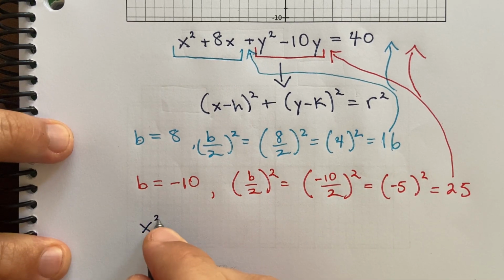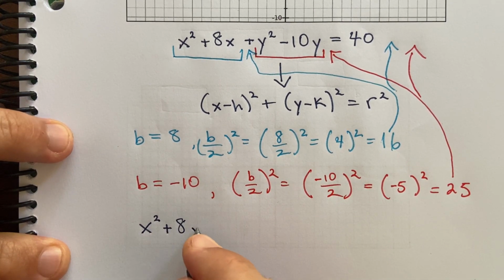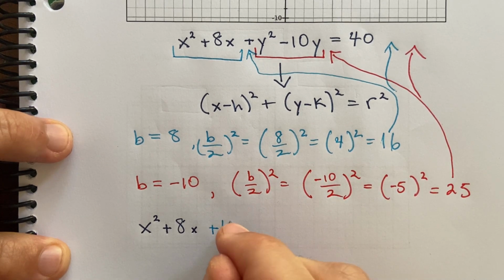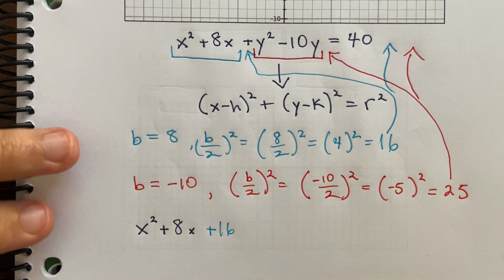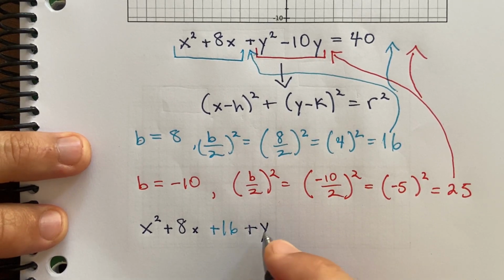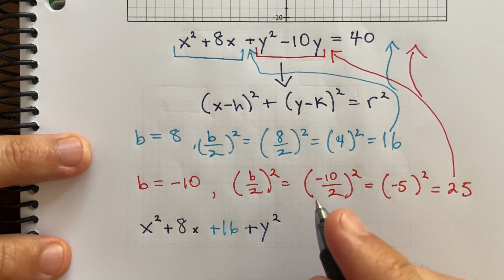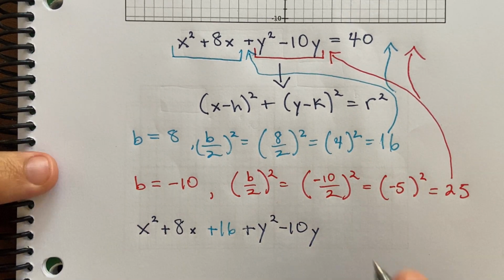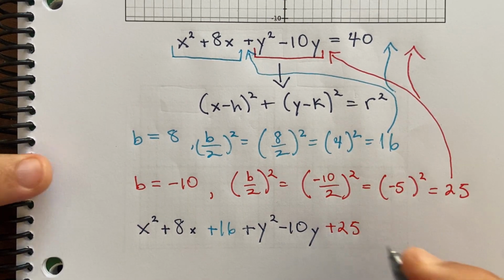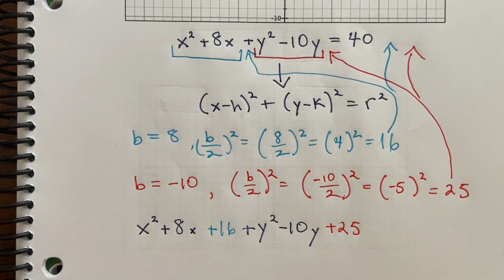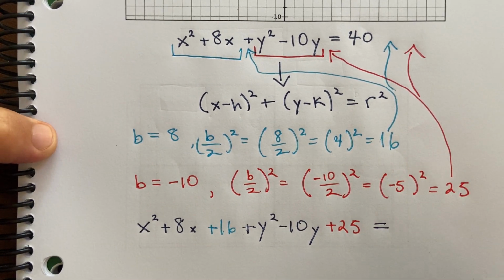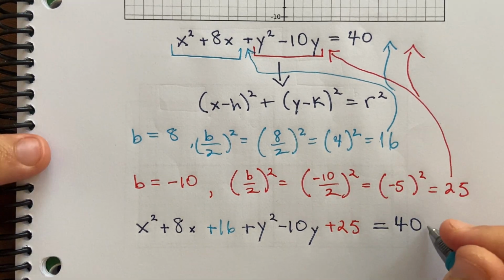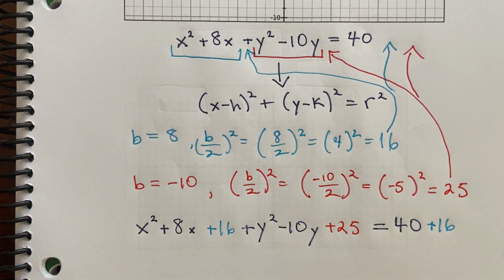So x squared plus 8x plus 16 plus y squared minus 10y plus 25 equals 40 plus 16 plus 25.